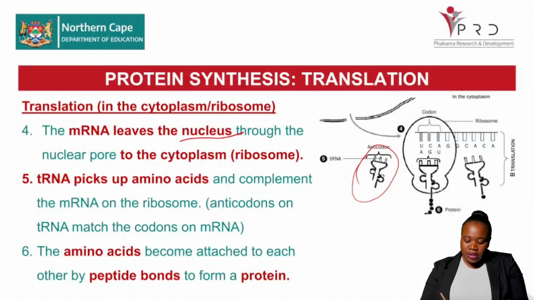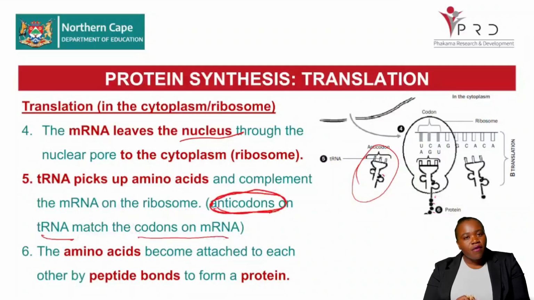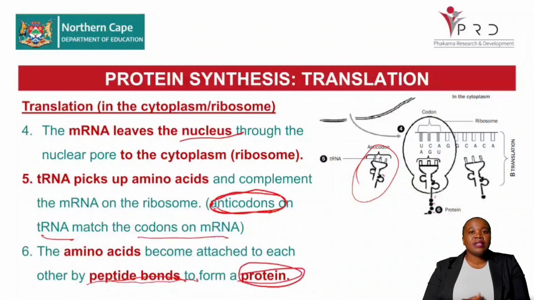Those amino acids will combine with each other and form a long chain. So the anticodons on tRNA match the codons on the mRNA. And based on the anticodons on the tRNA, they are going to code for a specific amino acid. The amino acids become attached to each other by peptide bonds to form a peptide chain, and that peptide chain would then become a protein, and that is how we look at the process whereby proteins are formed.